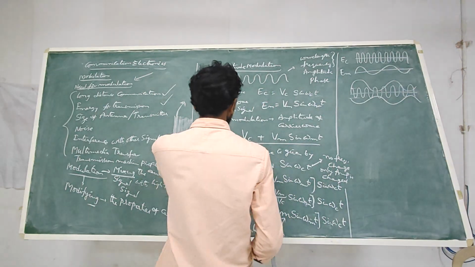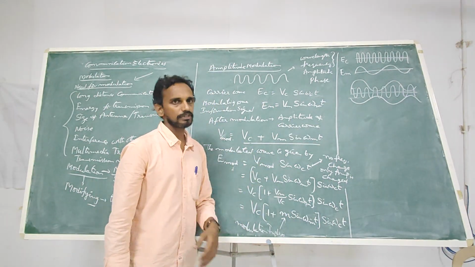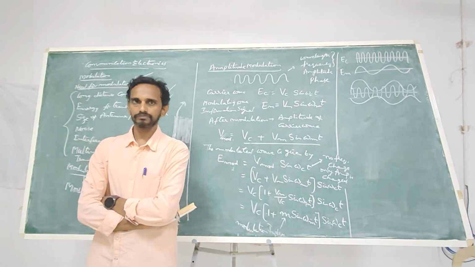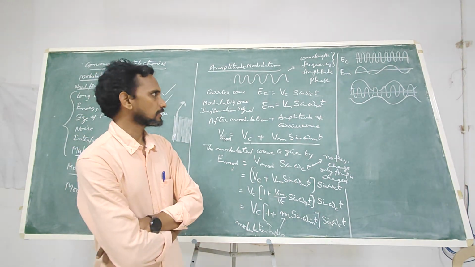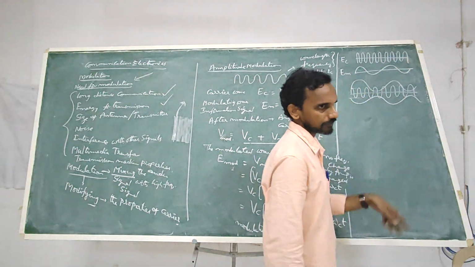So original amplitude is intact, and over and above that this Vm sin omega t adds up. That Vm sin omega t sometimes may be positive, sometimes may be negative.